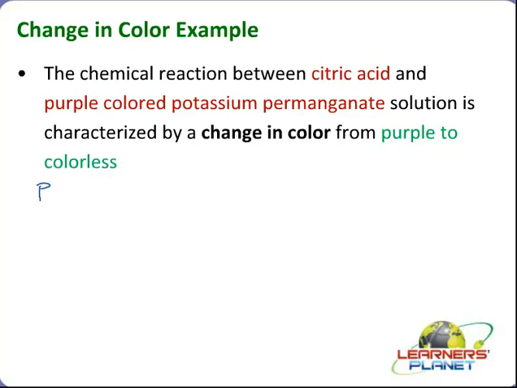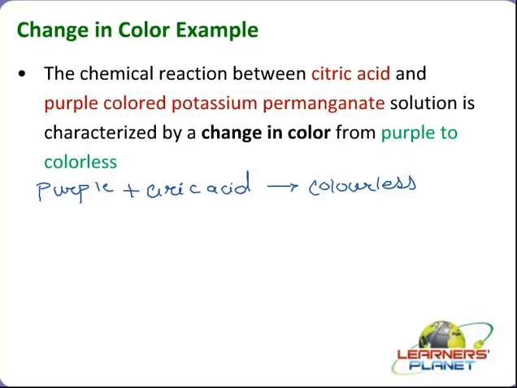That is, we can write here purple. To this we added what? Citric acid. Then what happened to the color, children? This became colorless. Fine. So it is very easy to say that the reaction has been done. The reaction has been completed.